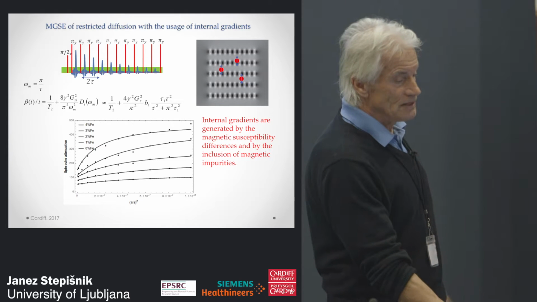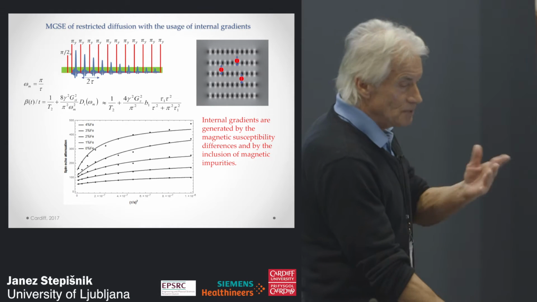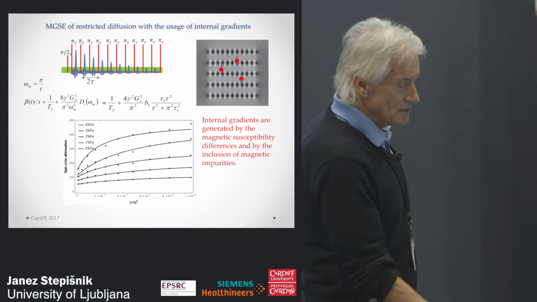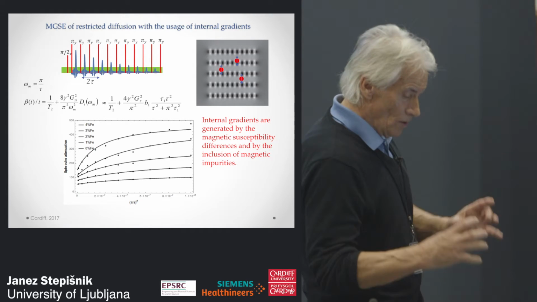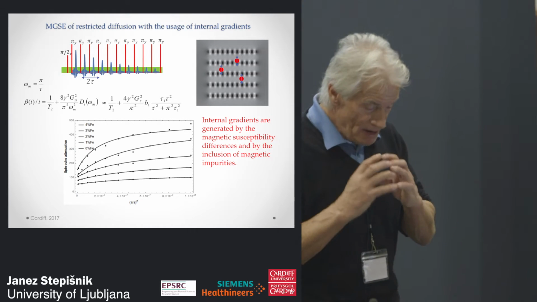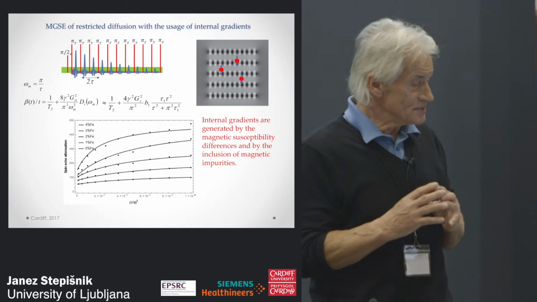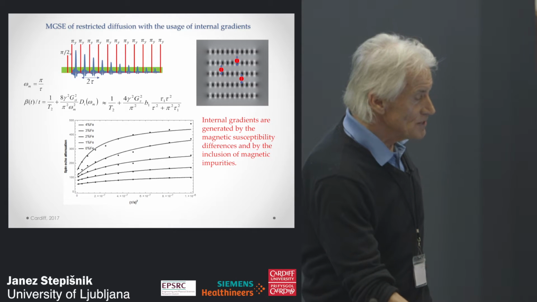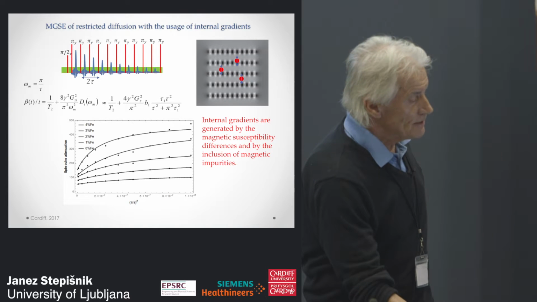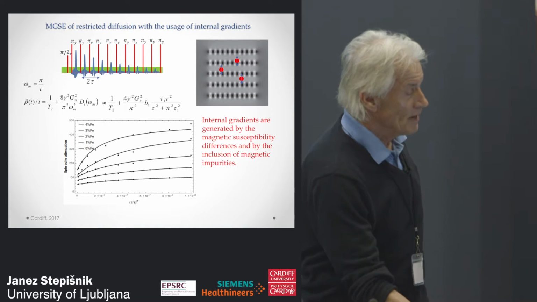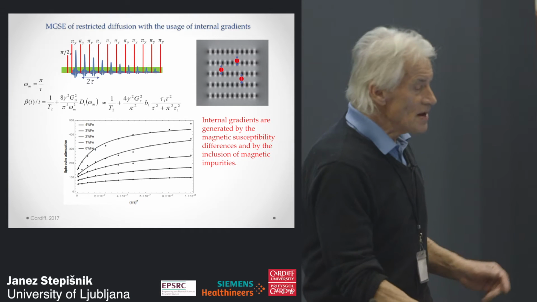So the internal fields consist of two parts, susceptibility and magnetic impurities. We measured the diffusion of water in the pores of samples prepared in an identical way with different concentrations of the impurities. You get points, for lower and higher, so we have changing concentration of paramagnetic impurities, and it can be fitted.